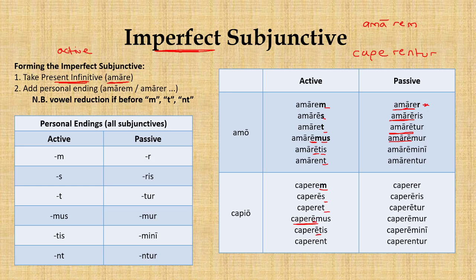It isn't necessarily something that's that important to memorize, but it is something curious to note. Across the board, we have this lengthening because this vowel was not originally long. So anyways, that is essentially the way to form the imperfect subjunctive.